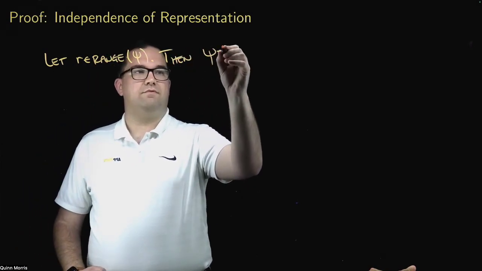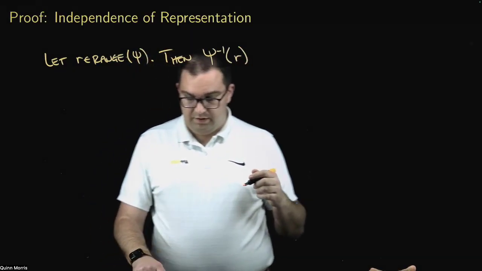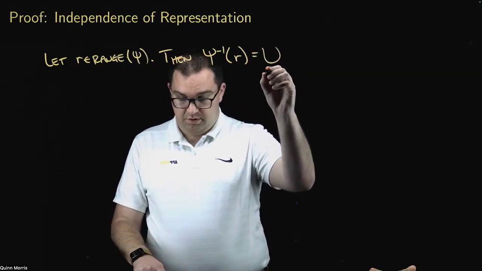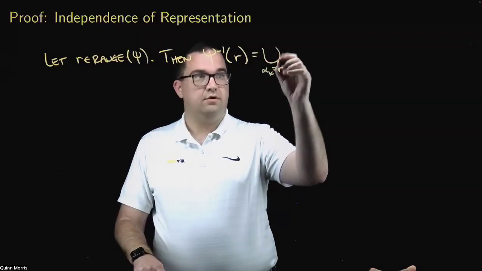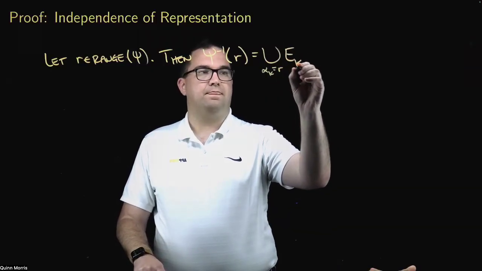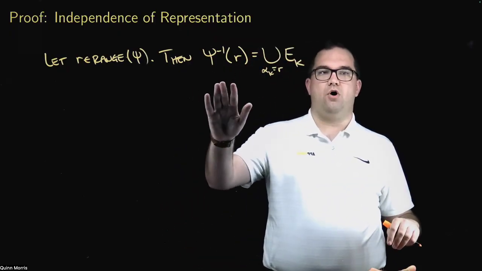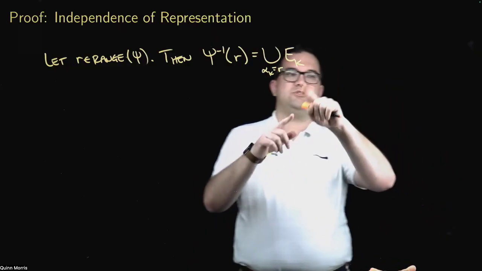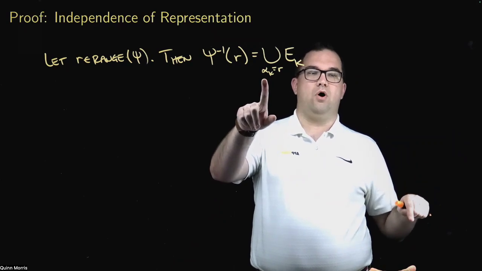Then the preimage of r, all the things that map to r, I can express as the union over all of the a_k that are equal to r of E_k.